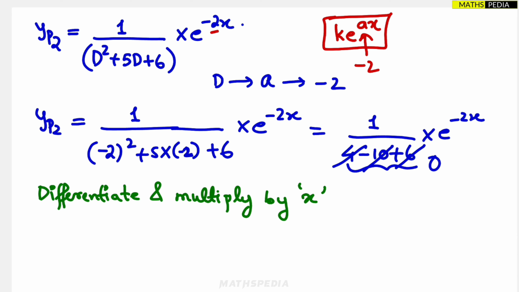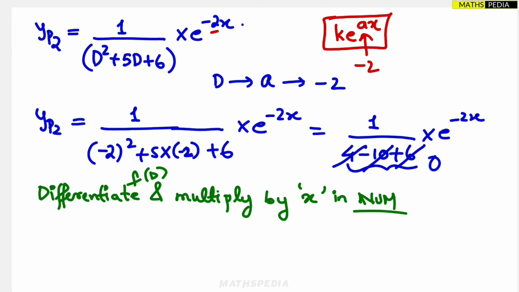What you have to differentiate? F of D, and multiply by x in the numerator part. So why we are doing this? If we are getting the denominator 0, we have to save that particular formation. For that purpose, we are going to differentiate f of D. What is f of D? This part. This we are going to differentiate.